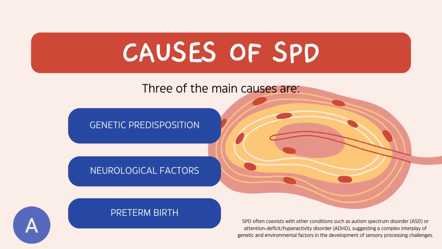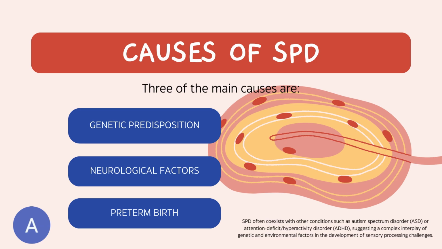So the causes of sensory processing disorder are not fully understood yet, but there are several factors that may contribute, which include these three main causes. The first one is genetic predisposition. There appears to be a genetic component, suggesting that SPD may run in families.